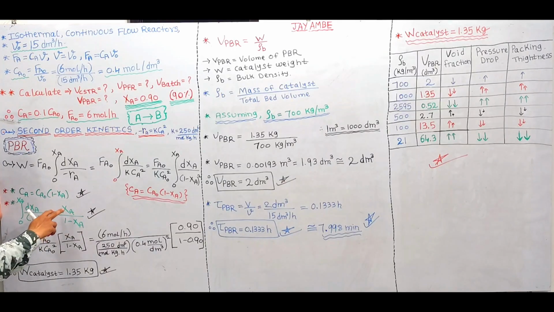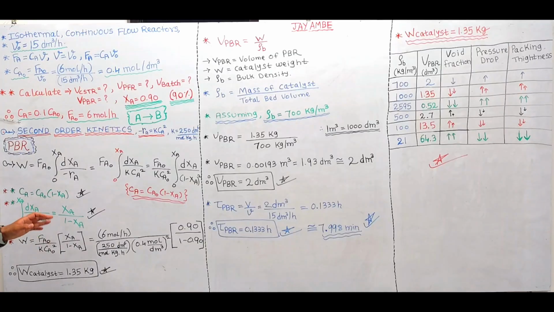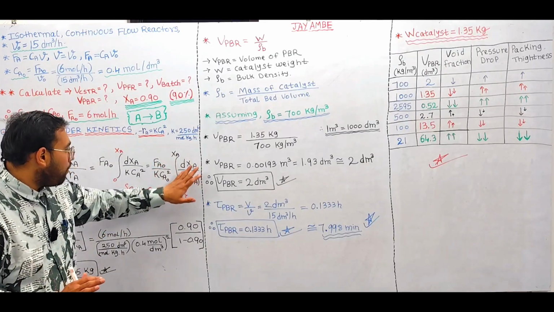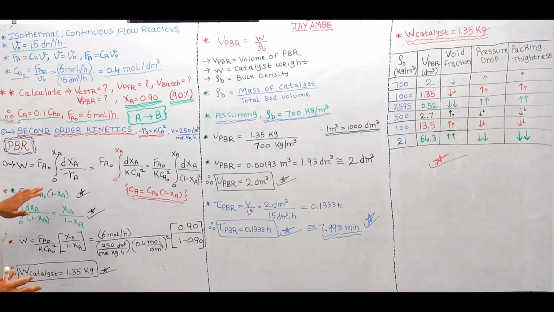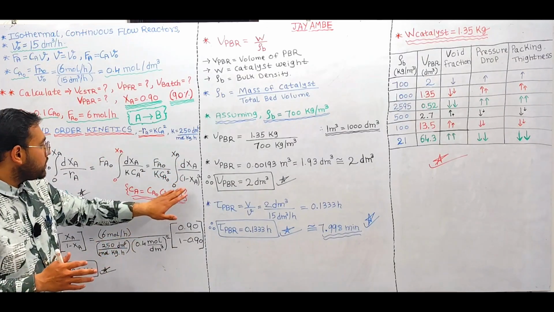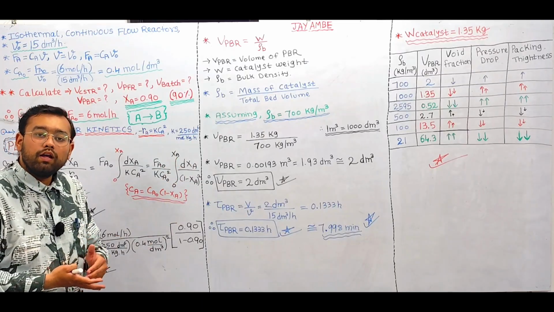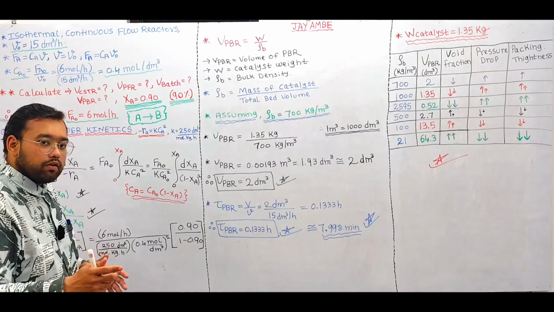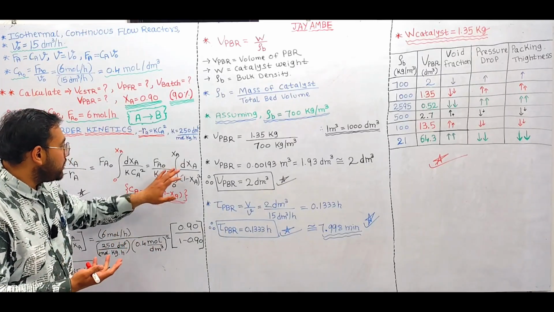So here we are utilizing the second form of Ca, right? Now we need to solve this integral form in order to modify the weight equation. The solution of this is the same as for the PFR and the batch reactors. Previously I explained how we solve this integral form.